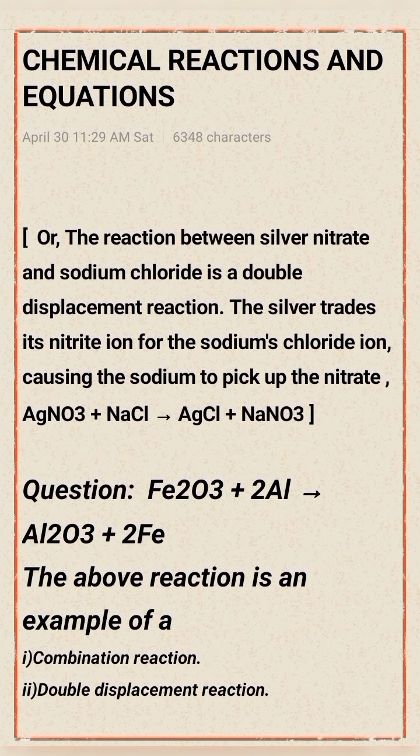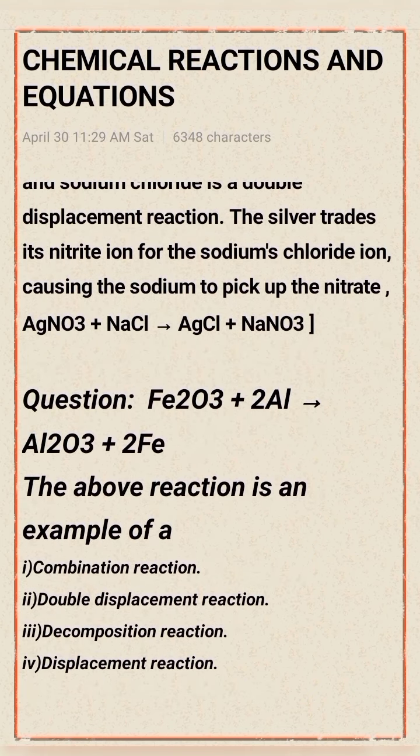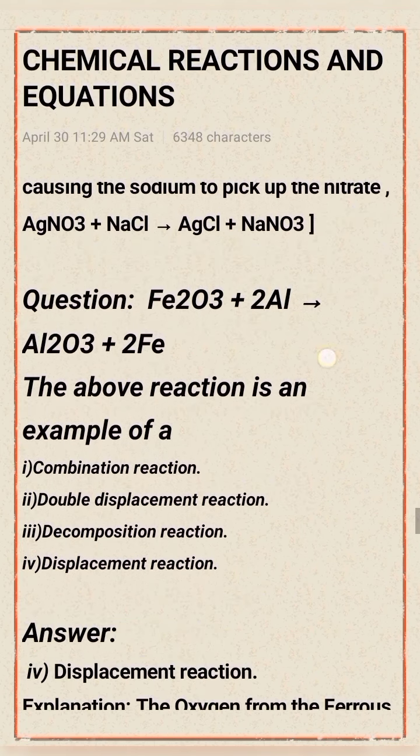Next question: Fe2O3 plus 2Al, ferric oxide plus aluminium, form aluminium oxide Al2O3 plus Fe iron. The above reaction is an example of which type: option 1 combination reaction, option 2 double displacement reaction, option 3 decomposition reaction, option 4 displacement reaction.